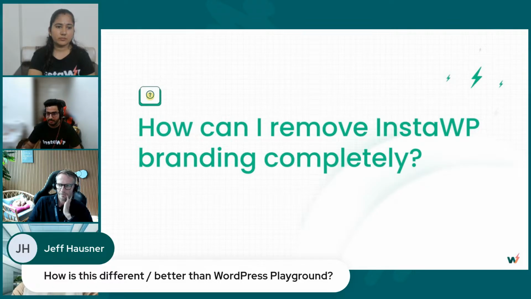You can add your own branding from the plugin we have for the migration and for the templates as well. I would say around 90 to 95% white label is available, so you can completely remove our branding. But there is the remaining 5%, for example the main snapshot URL, the app.instawp.io URL. That is also possible to change, but for now it is around 90 to 95% available.